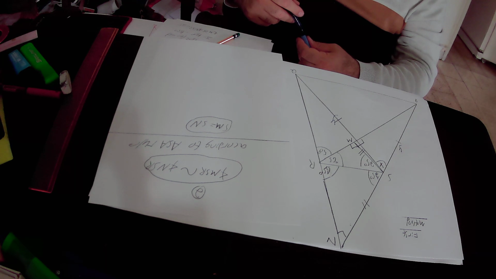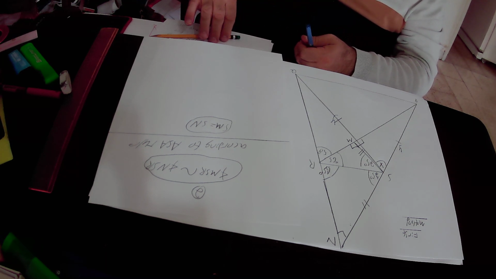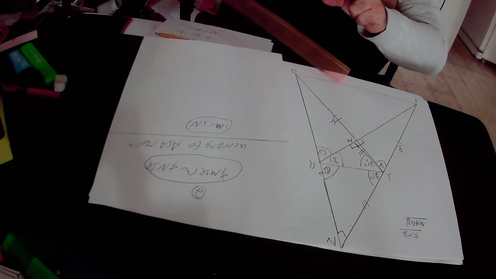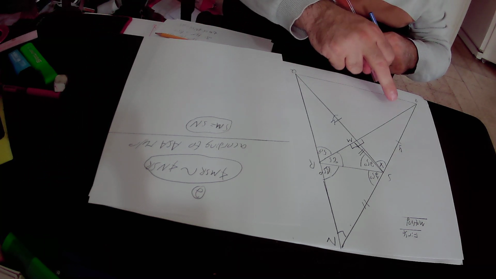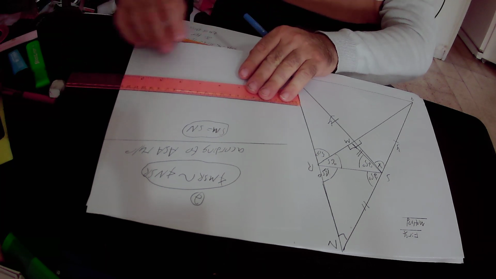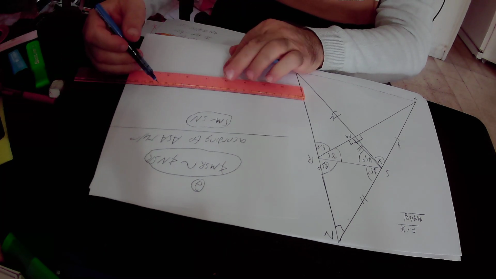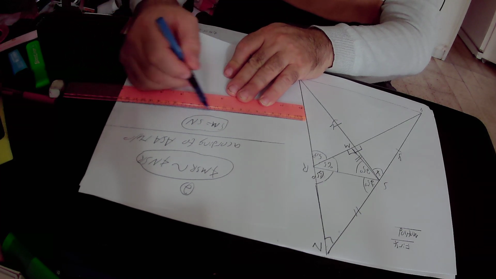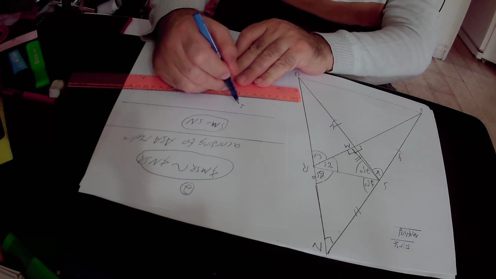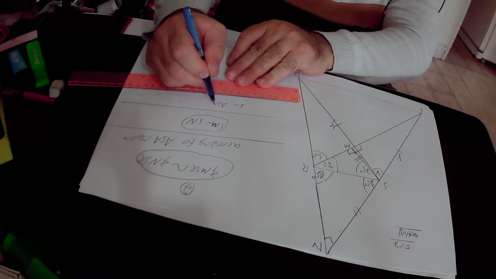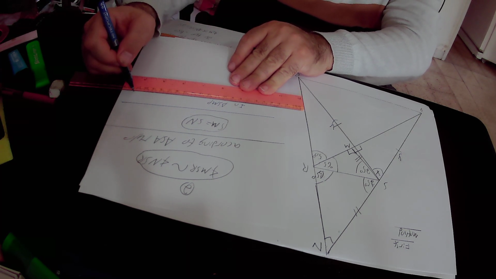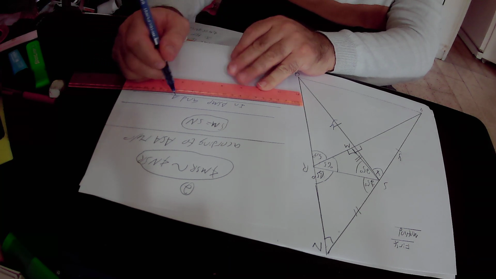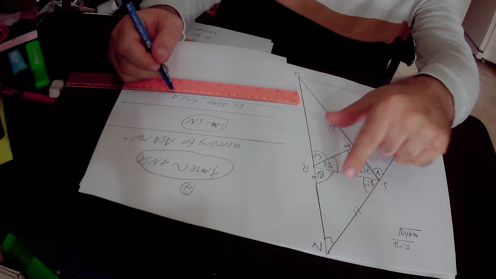So in the next step, we will focus on the right triangle SMP and the right triangle SNP.